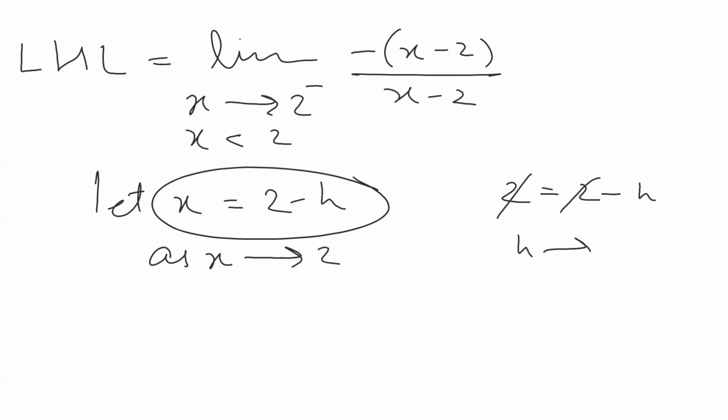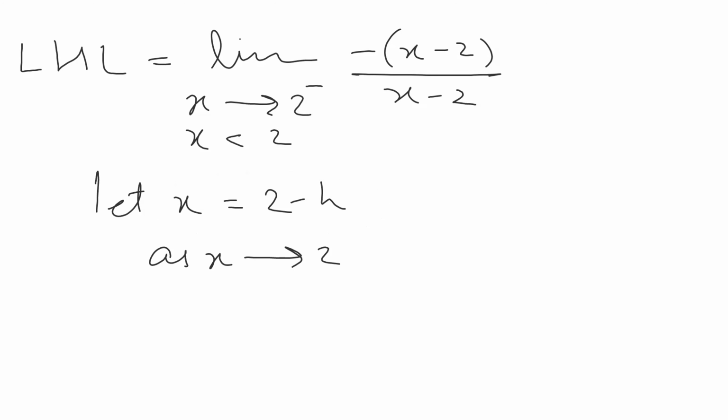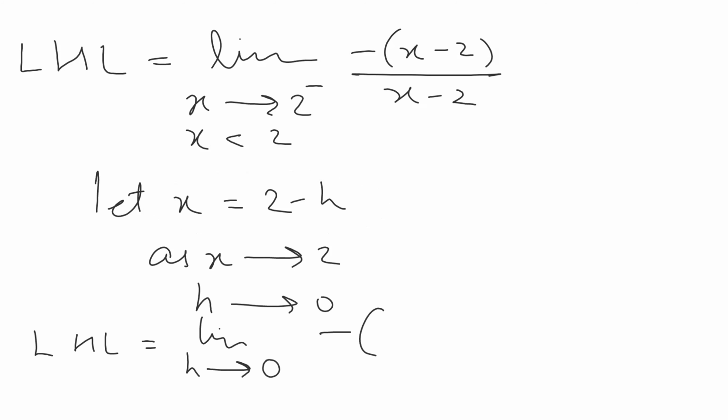As the value of x becomes 2, the value of h becomes 0. So the left hand side limit is equal to limit h approaching 0 of minus of, wherever there is x, put 2 minus h: minus 2 minus h minus 2 upon 2 minus h minus 2.